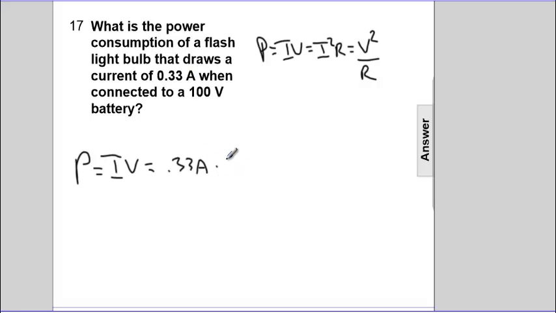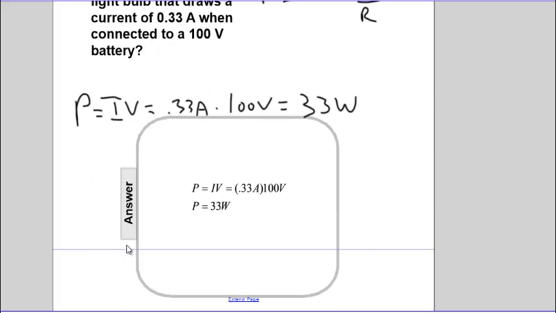That's the I value times, whoops, let's fix that, times 100 volts. And 1/3 of 100 is 33 watts. In that ballpark. Very good.